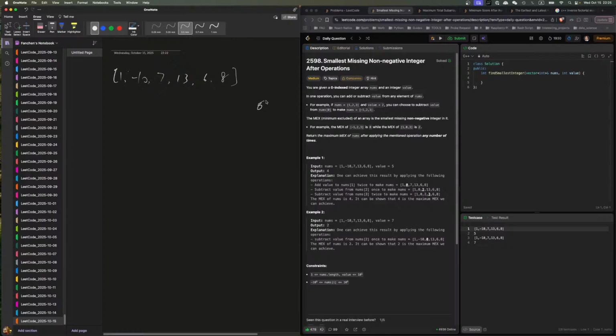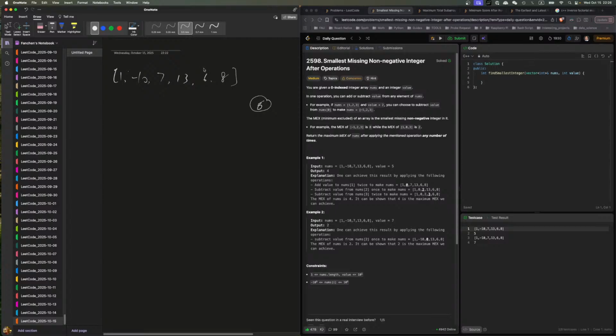The maximum shall be 6, which is the length. But we need to figure out if it's possible to get there, which means we go one by one and see if it's possible to get 0. It is possible to get 1, get 2, get 3, get 4, right?